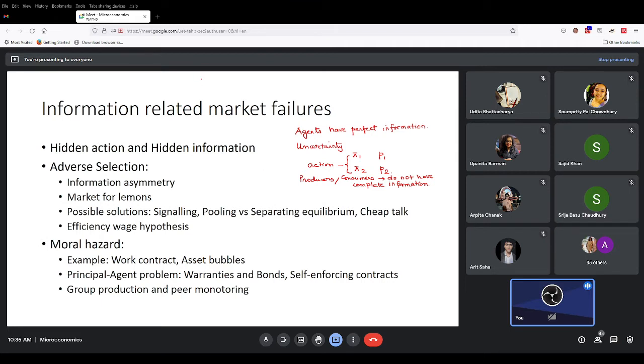Information asymmetry is a case when, let us say, producers have more information than consumers.